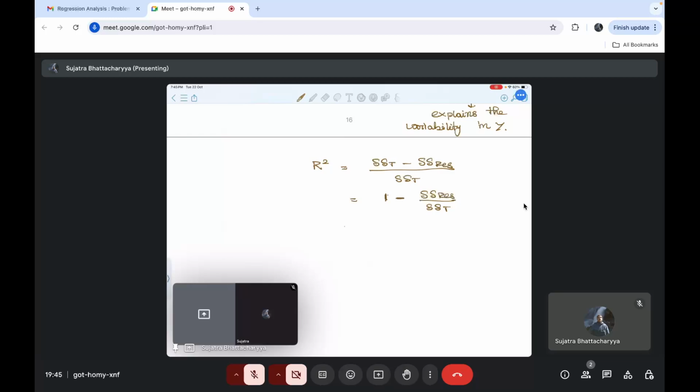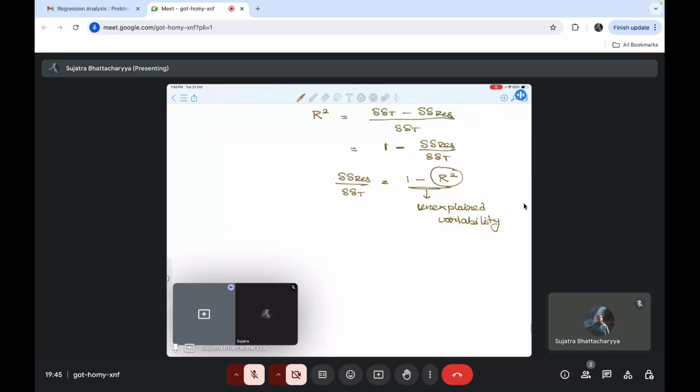Now, if I write SS residual divided by SS total, this should be 1 minus R square. And if R square represents the variability in Y or explains the variability of Y, then 1 minus R square is the unexplained variability, right?